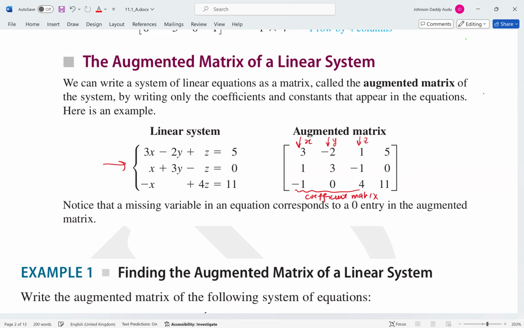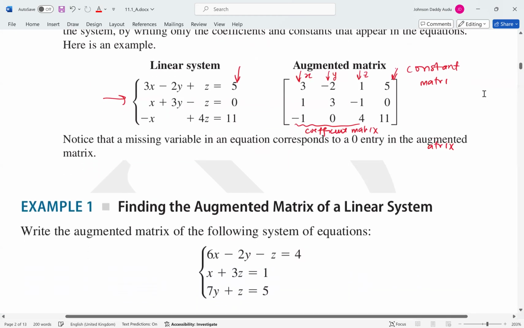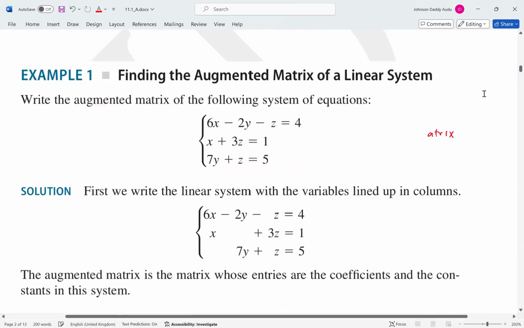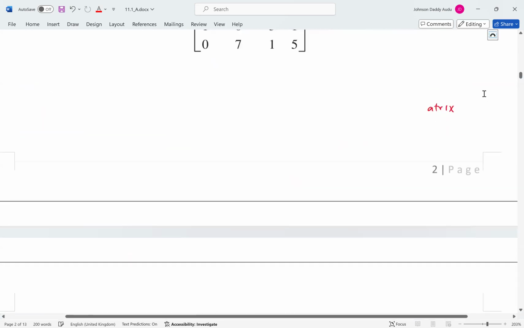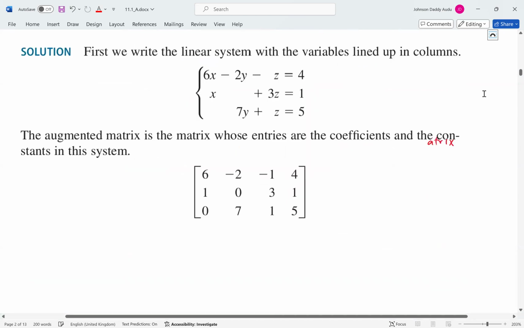The right-hand side is what we call the constant matrix. An augmented matrix is simply a combination of the coefficient matrix and the constant matrix. This is just a simple example.